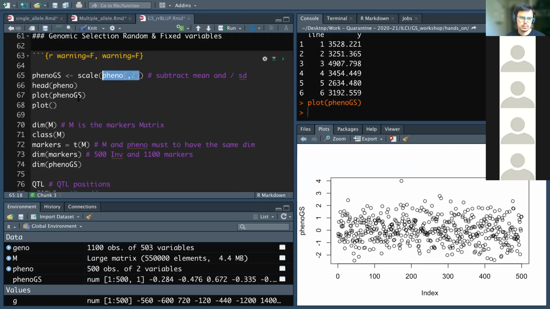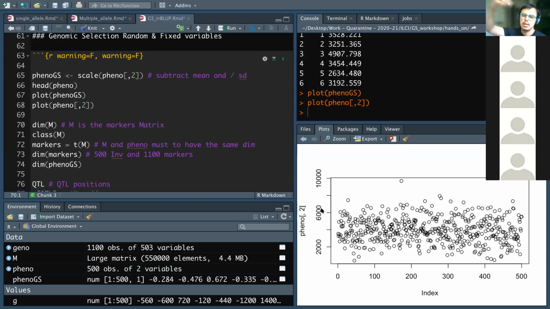Here you can see that basically we don't change the data. The data is exactly the same, but we change the y-axis values.